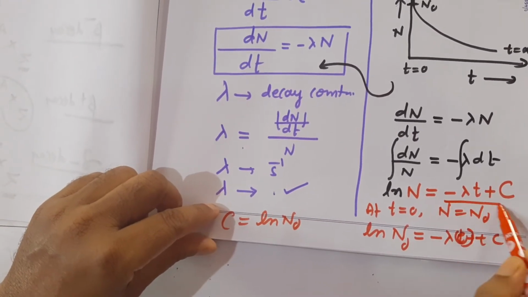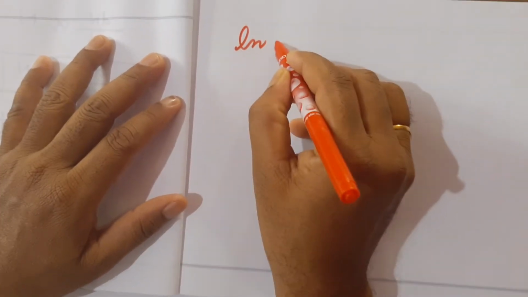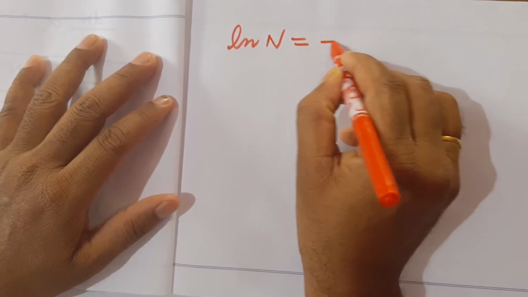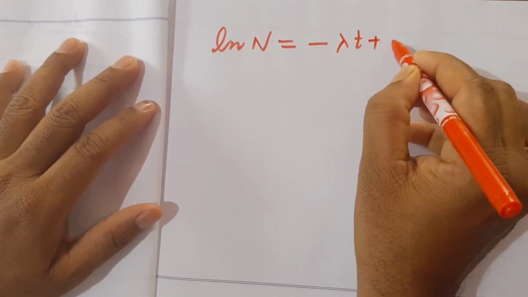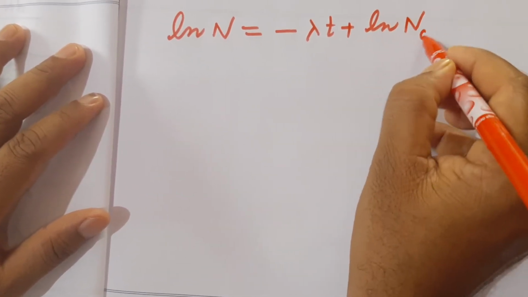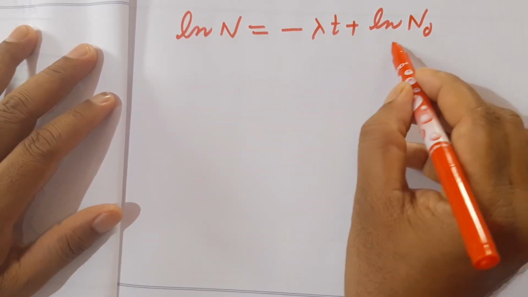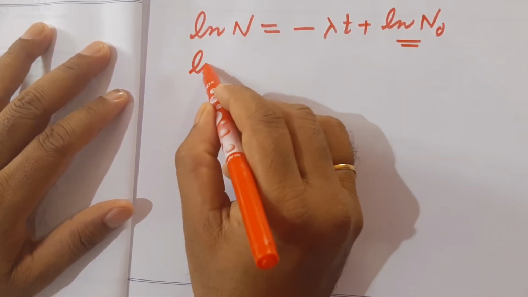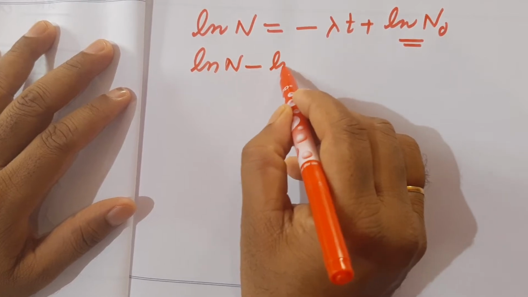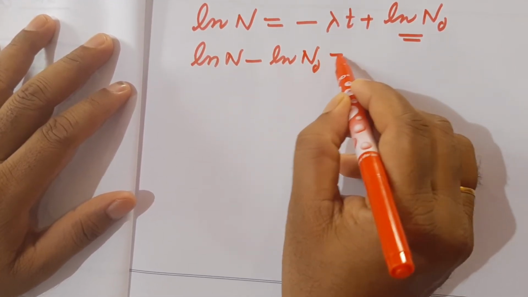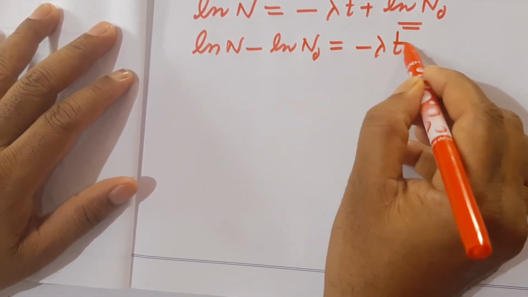Substituting this value in the equation, log N equals minus lambda t plus log N0. Bringing this term to the left side, log N minus log N0 equals minus lambda t.